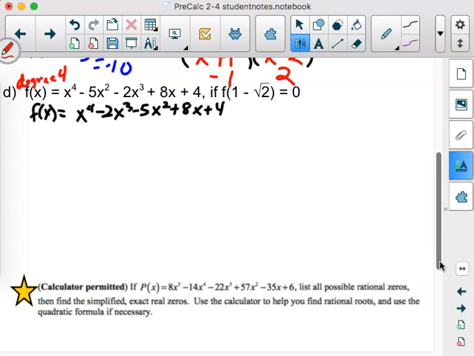And right away, I'm saying they're not going to do this to me again. I know that if 1 minus the square root of 2 is there, then 1 plus the square root of 2 has to be there too. But again, we have to verify all that. And definitely with this one, you want to space things out. This is not just a radical this time.